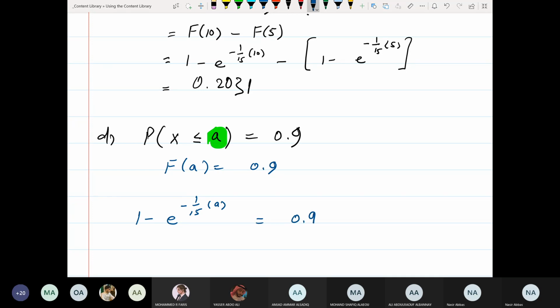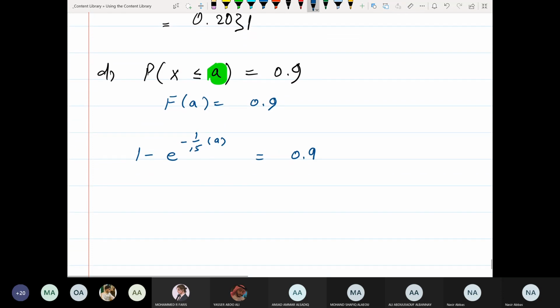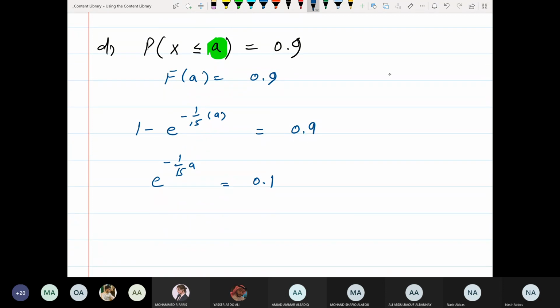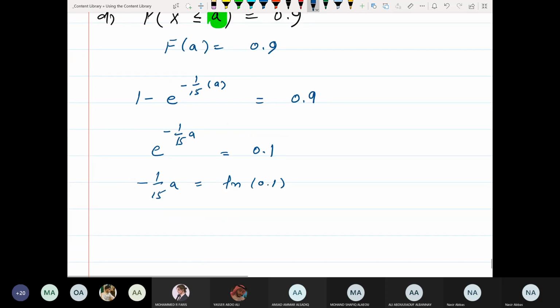And you can solve this equation for A. Anyone who can solve this equation for A and give me the final answer? So I have e to the power minus 1 over 15 times A equal to 0.1. And that means minus 1 over 15 times A is the natural log of 0.1. And A is minus 15 times natural log of 0.1.